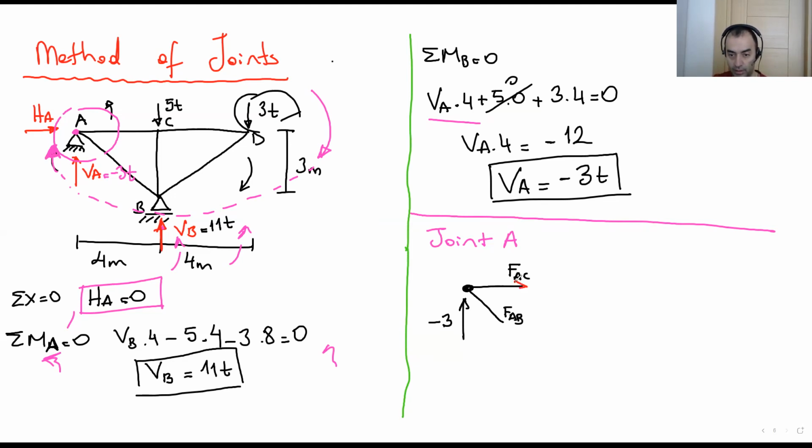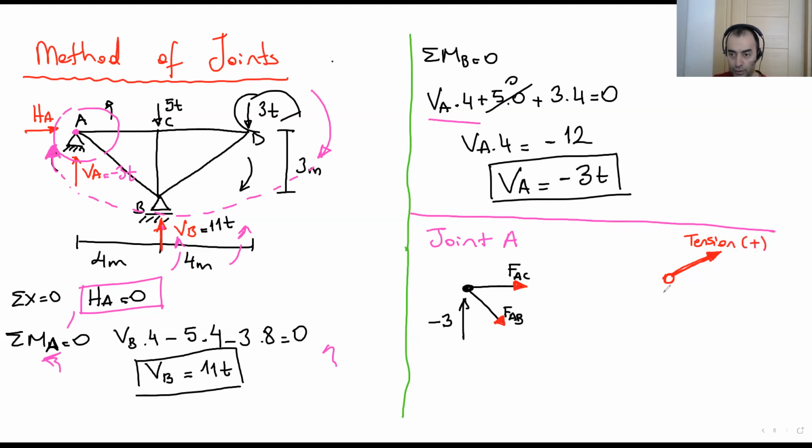So this is my assumption. By the way, this is the joint. If we go out from the joint, this is tension, and positive.